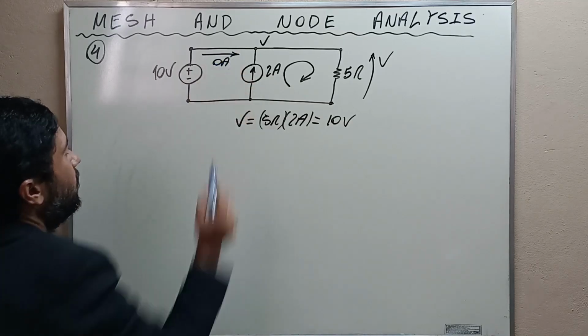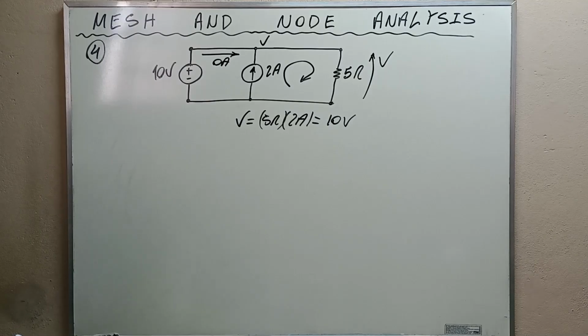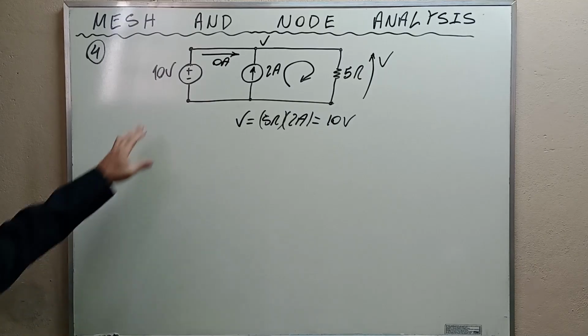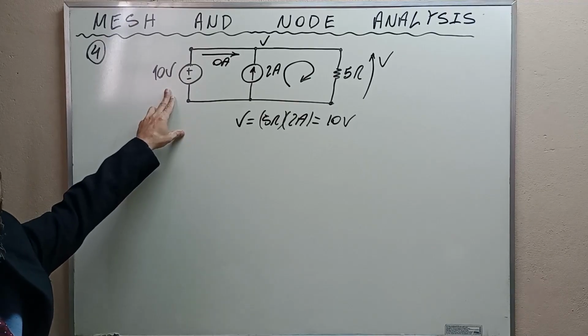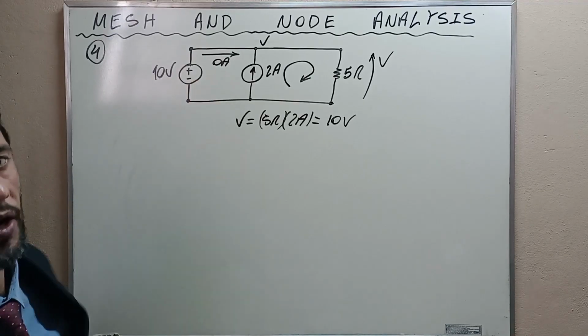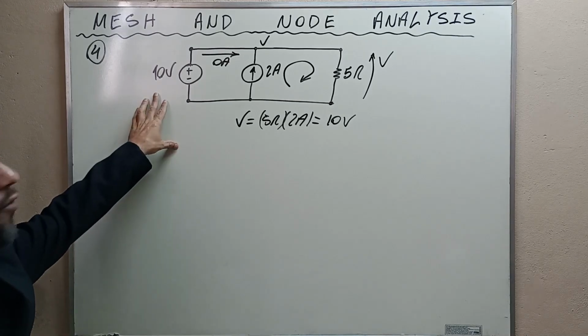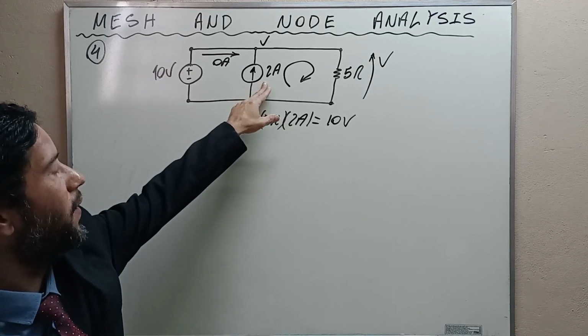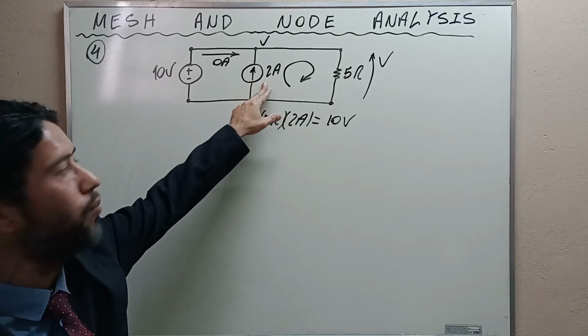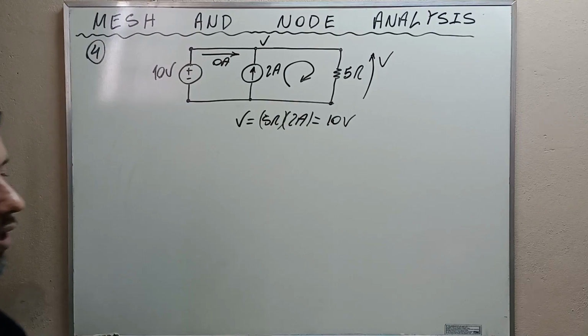This current here is 0 amps. What does it mean? It means that the voltage source is not contributing with current. Okay, it is not contributing with power. The power is being drawn from this current source. Okay, my friends?